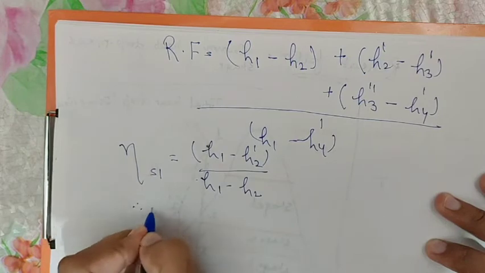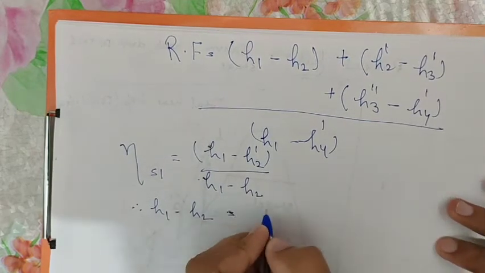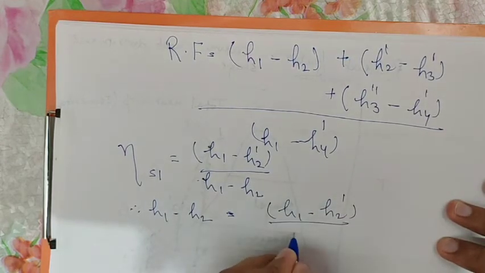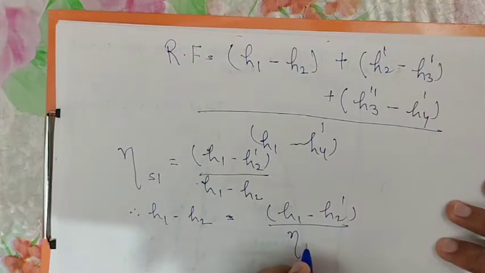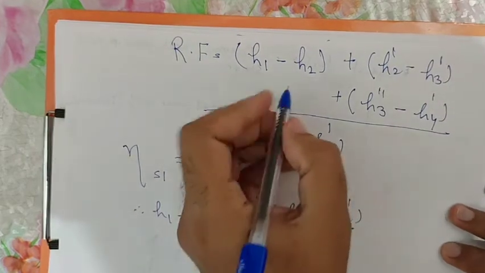So what will be the value of H1 minus H2 from this equation? It will be H1 minus H2 is equals to H1 minus H2 dash divided by efficiency of stage 1. This will be the value of H1 minus H2.